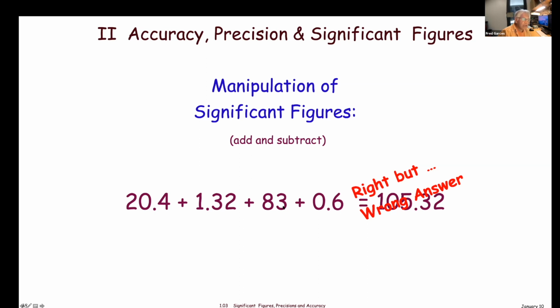This number has an uncertainty to the first place, not even the 10th, the first place. And this is to the 10th. So which of these data has the biggest error? The biggest error is 83. So to report a number of 105.32 and tell me that my precision is all the way to the 100th, when my data has an error of plus or minus 1, is incorrect.